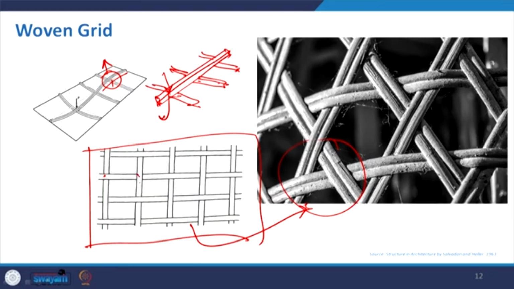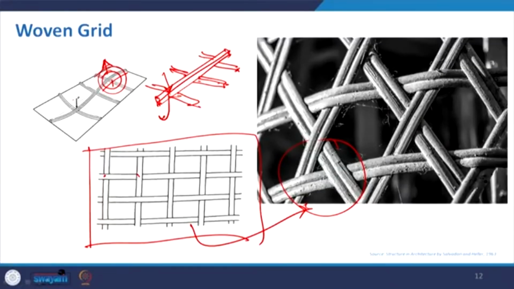Most of the buckets we see, made of plastic or bamboo, follow this kind of woven structure. In a building perspective also we can go for this kind of woven structure, which will reduce the upliftment tendency of the structural member.